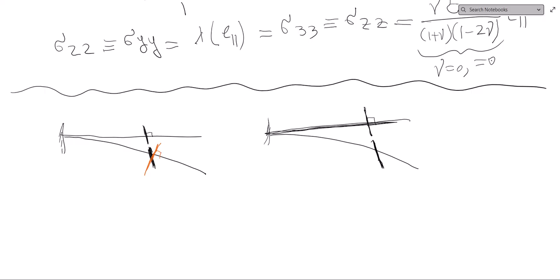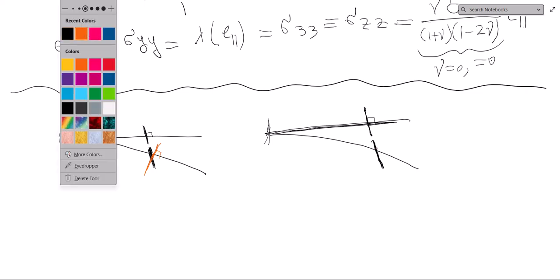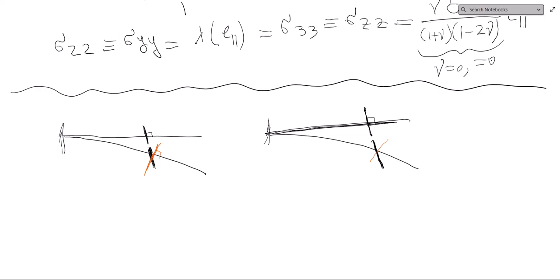So that first assumption that we had is still there, but the plane rotates without having the constraint of staying normal to the neutral axis. So this angle is no longer 90 degrees.